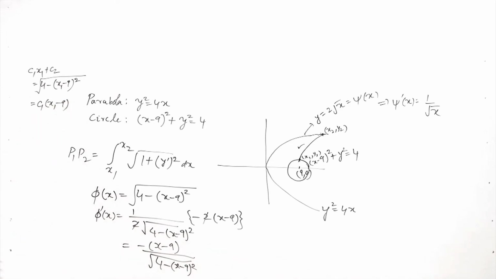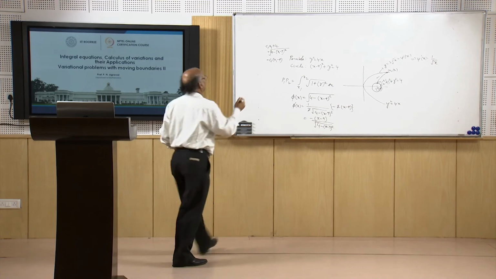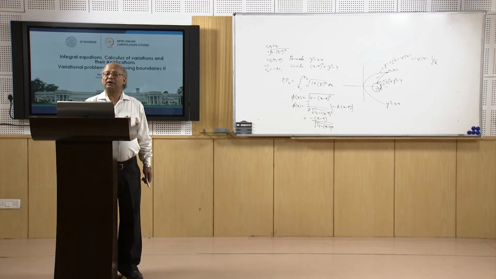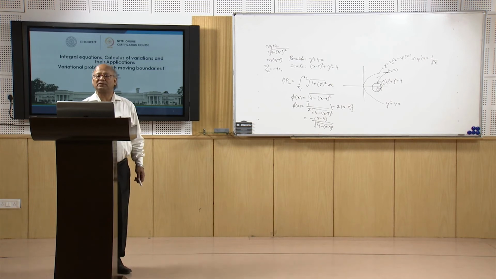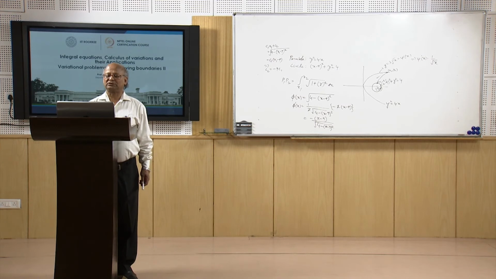So c1 times (x1 − 9) equal to 4 minus (x1 − 9)² to the power half. So c1x1 will cancel and we will get c2 equal to minus 9c1. So we get c2 equal to minus 9c1, and from 11 and 12, 11th equation is c1 equal to minus √x2, 12th equation is c2 equal to minus 9c1, so c2 is equal to 9√x2.